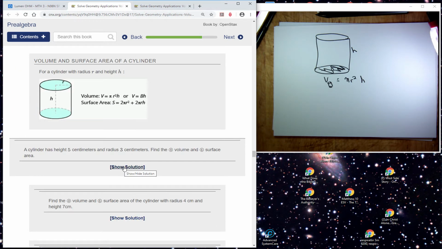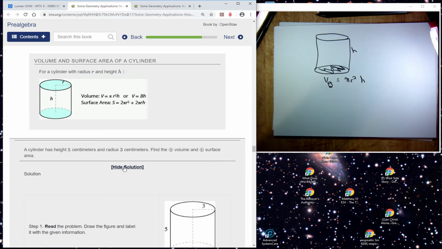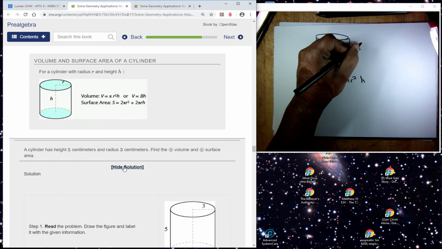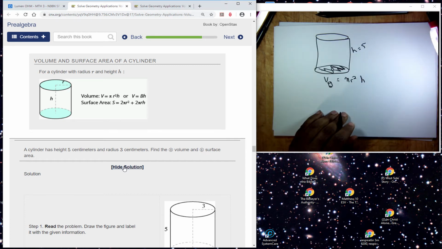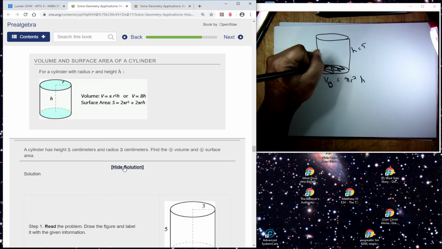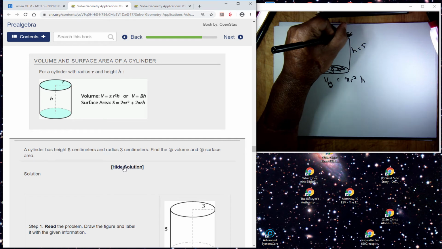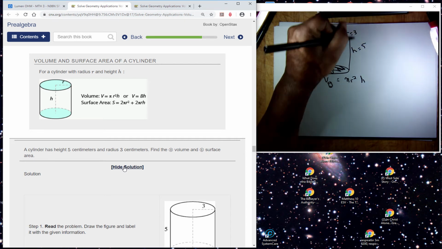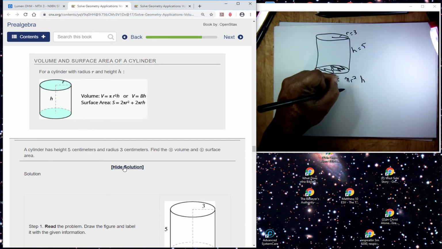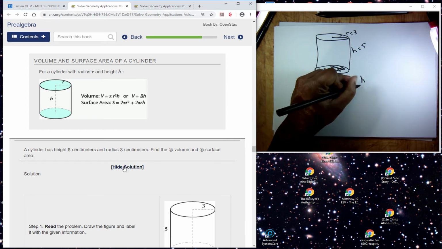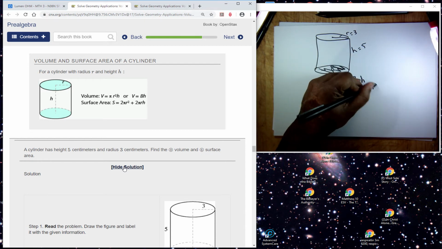So let's find the volume of a cylinder. We have a cylinder here, which has a height of 5 centimeters and a radius r equal to 3 centimeters. So to find our volume, you plug in here, and pi is 3.14. 3.14 times 3 squared times the height, which is 5.